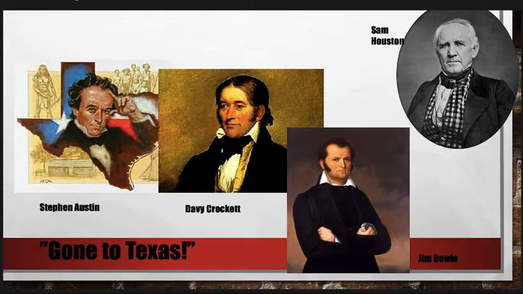So they had to Mexicanize themselves, and if they were not already Catholic, they had to become Catholic. Well, when Stephen F. Austin returns to America and begins to recruit families to move, he pretty much ignores both of those stipulations and says, hey, you guys want some cheap, awesome, free land? Let's go to Texas.